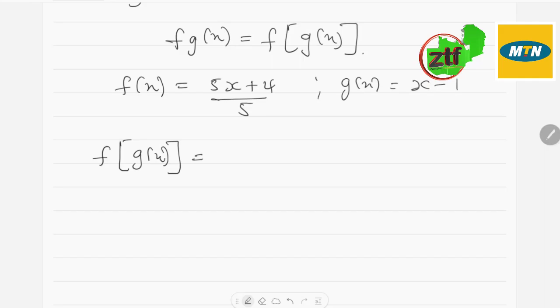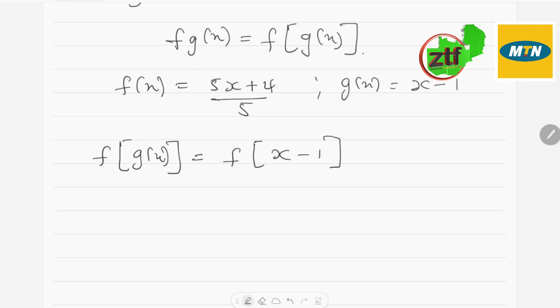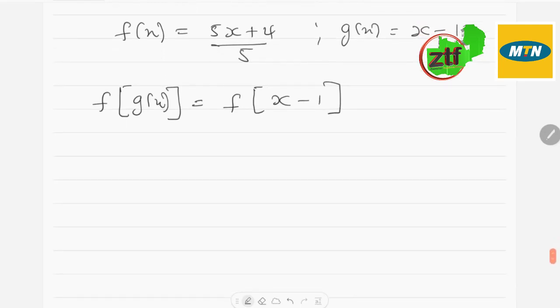Okay? So f will act on g of x. That's what it means. But g of x, we already know that g of x is the function x minus 1. So if we have f of x minus 1, we already know that f of x is 5x plus 4 over 5. So the function g becomes an object.